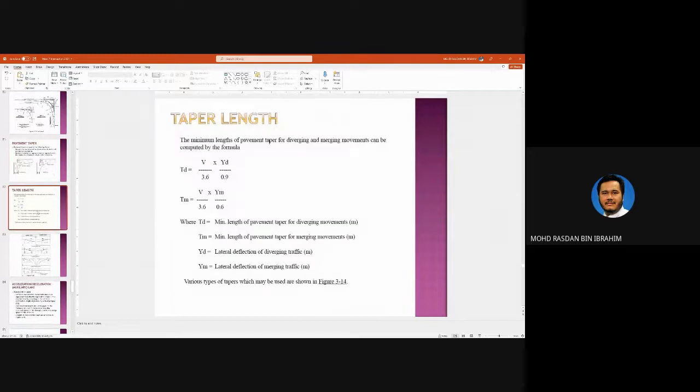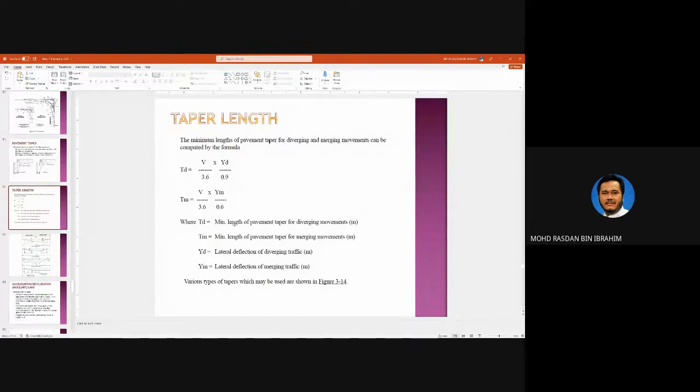So the length of taper, TD and TM, depends on the design speed and the YD, lateral deflection of diverging traffic. Normally, this is the width of the main road lane.